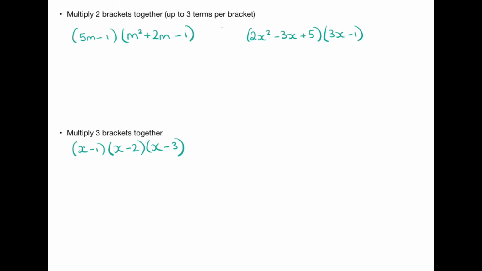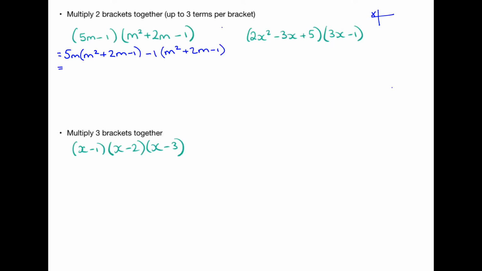So I'll just put that to the side there to remind me that that's what I said. Okay, so we're going to break this first bracket then. So we've got 5m times the second bracket, and then we've got minus 1 times the second bracket.